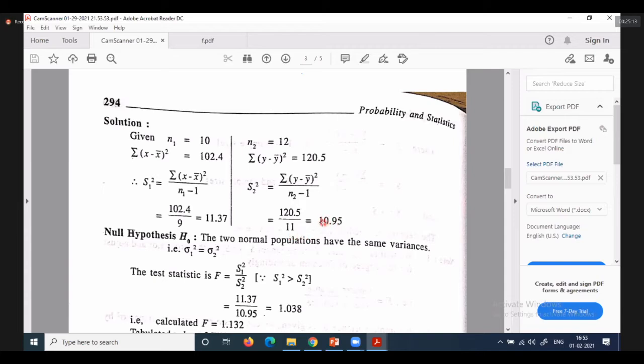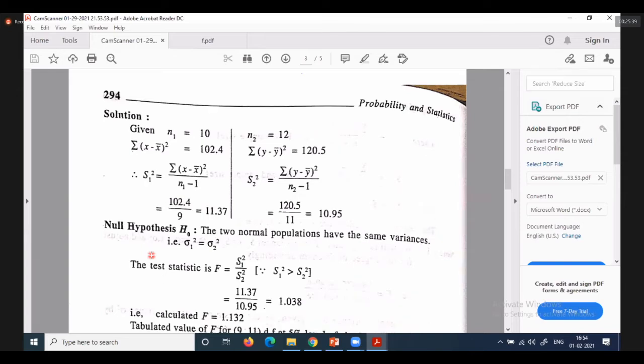The second random sample variance is 10.95. The first random sample variance is 11.37. Observe these two values: the first random sample variance is greater than the second.